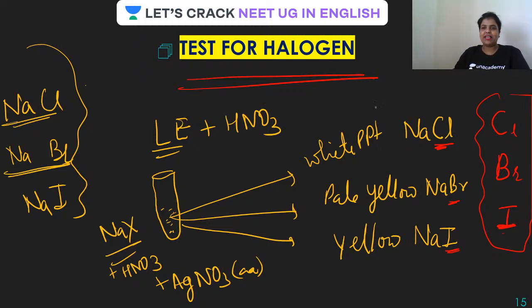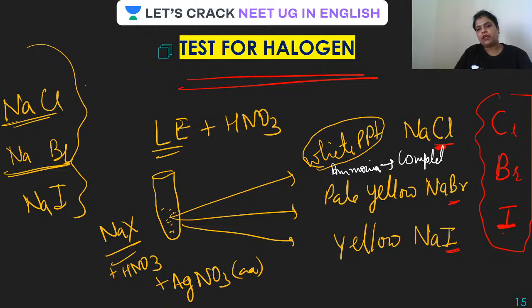Okay, yes guys. Now how to further confirm it, let me tell you. See guys, if it is a white precipitate, that means if it is of chlorine, what will happen? When you add ammonia, this will be completely soluble.